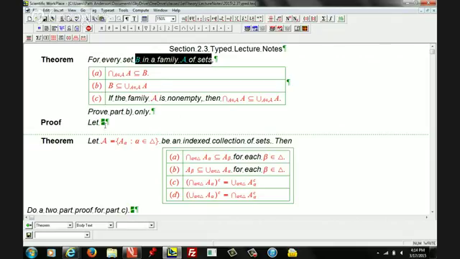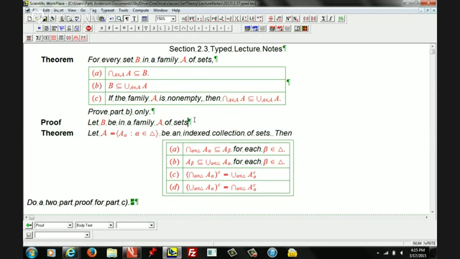We need that guy. Gray box. You agree? That gives you a page break. Sorry, I forgot to take it out. Let B be in a family of sets. And then we're proving part B.